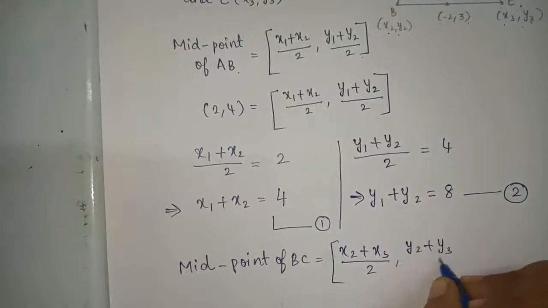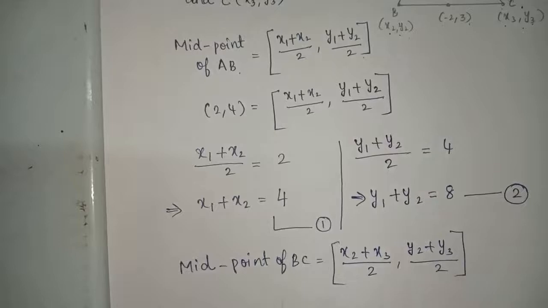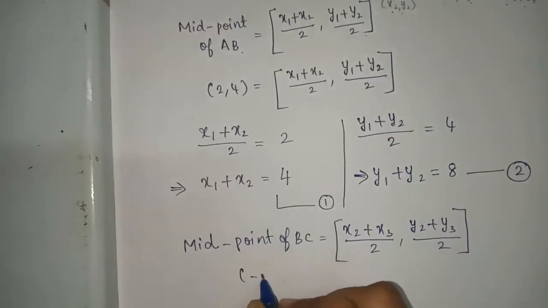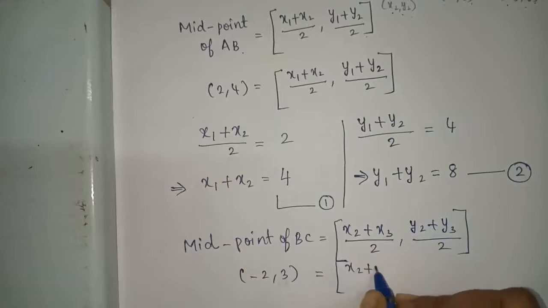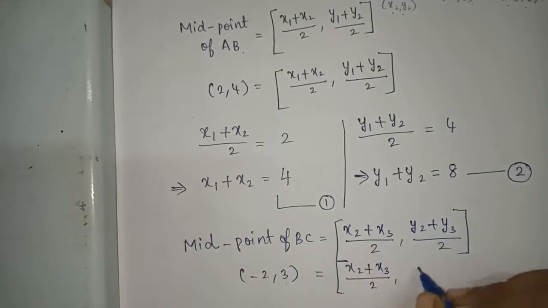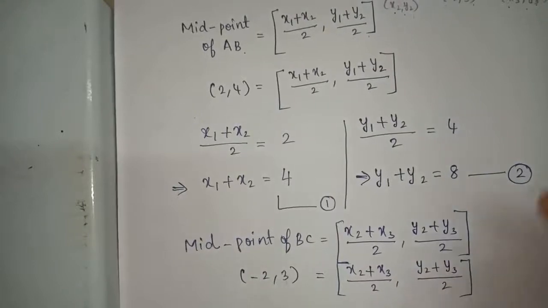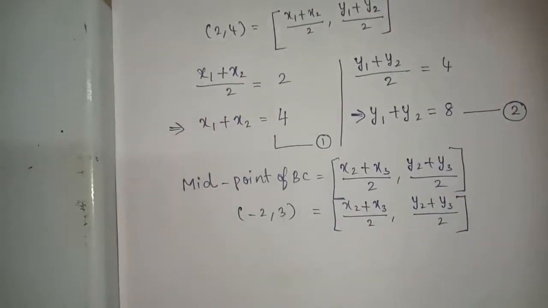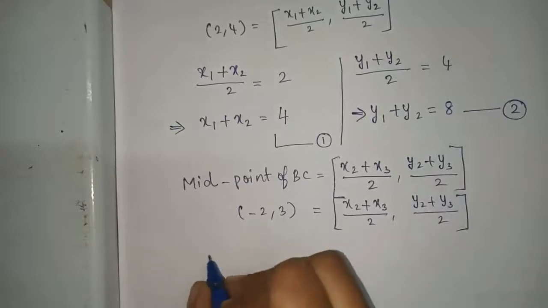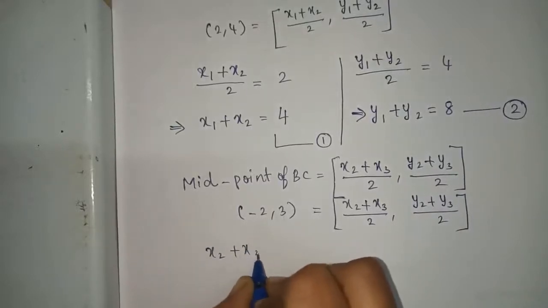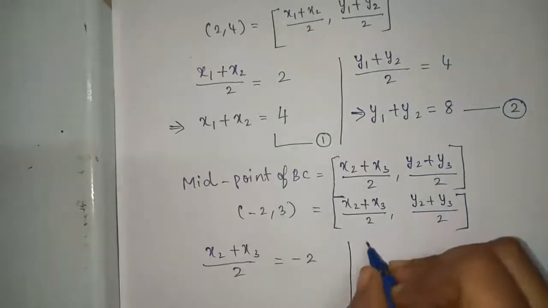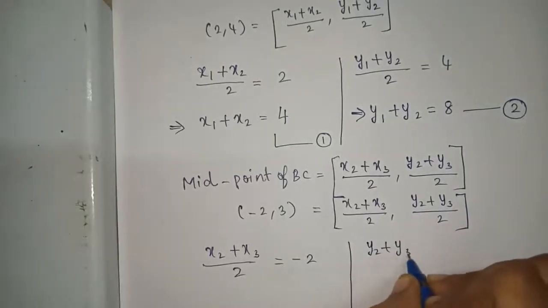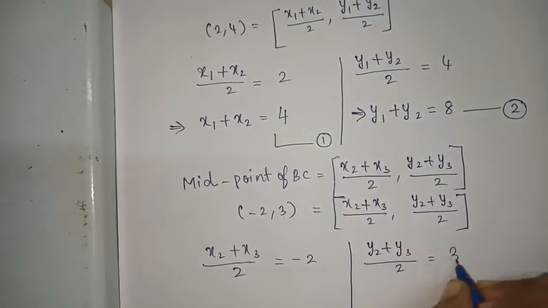Then the next step is you have to equate the x and y coordinates. So (x2 plus x3)/2 is equal to minus 2. (y2 plus y3)/2 is equal to 3.